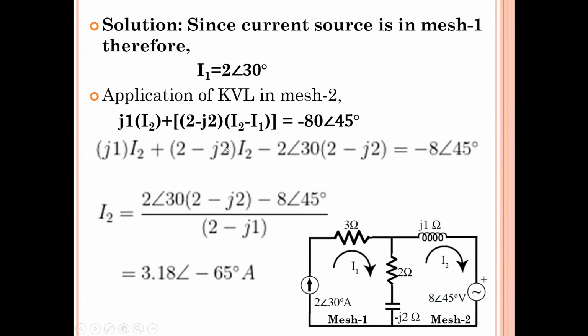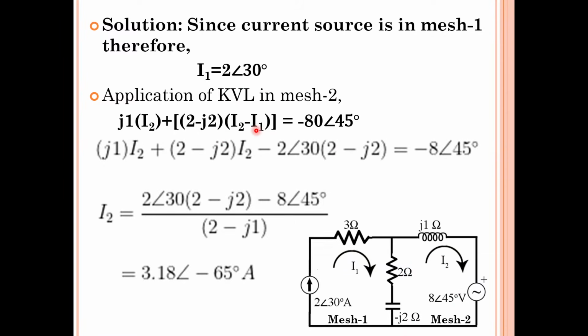So see here, j1 into I2 plus the whole impedance value. I have considered the impedance of resistance and capacitive reactance, and I have written the impedance 2 minus j2. We are writing KVL in mesh 2, so 2 minus j2 into I2 minus I1.